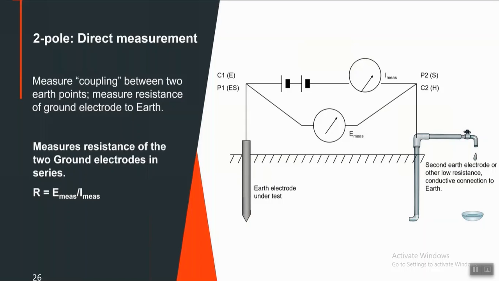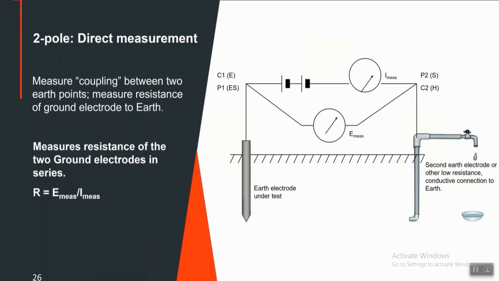So we need to make sure it's very low resistance on the water pipe. And the second consideration is, I think, the water pipe system must be metallic throughout without any insulating coupling or flange. So to make sure all current passes to this electrode. The last one is the dead earth electrode must be far enough away from the electrode under test.